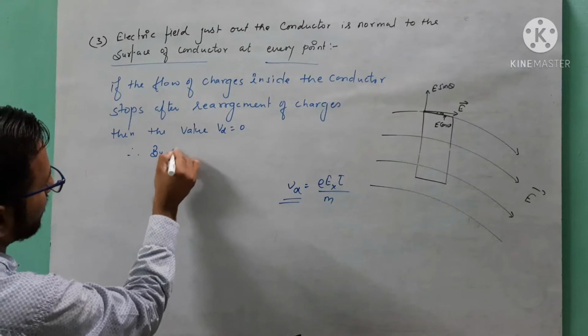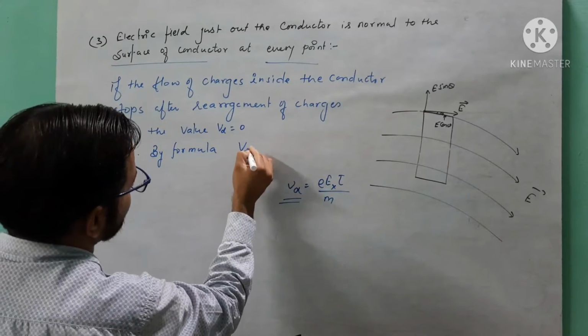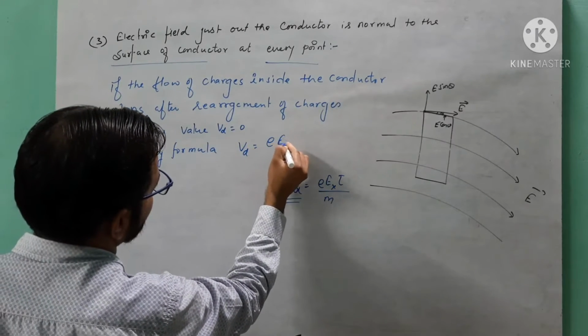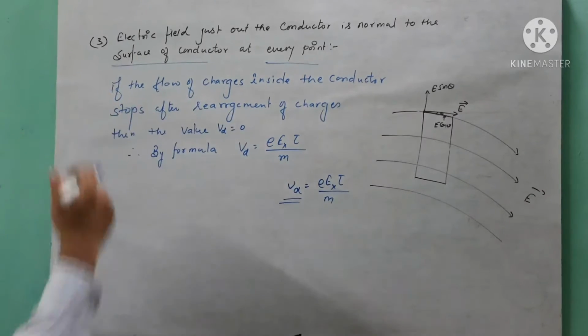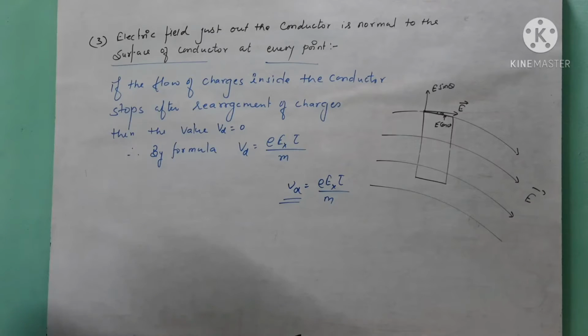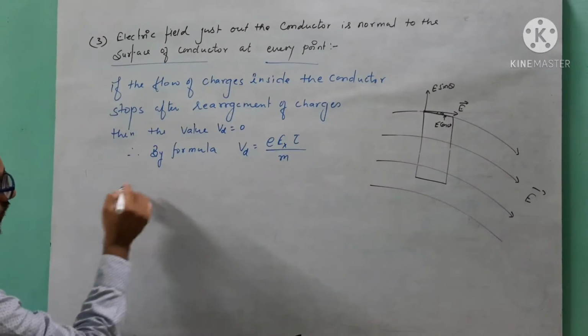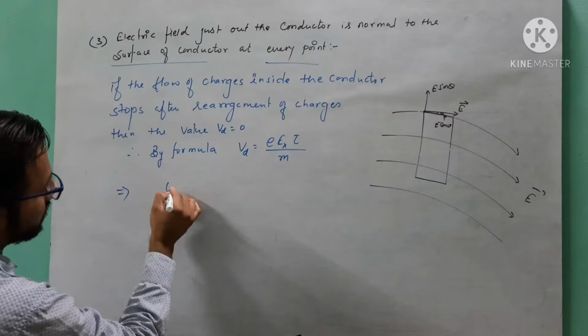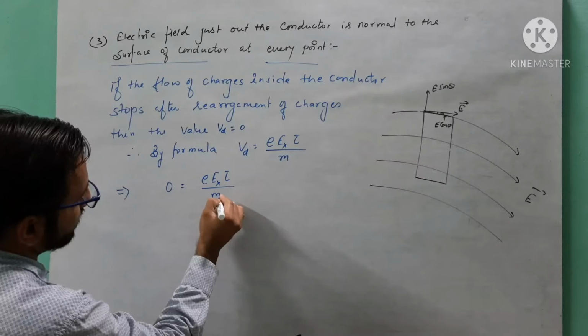Therefore, by the formula in front of you, Vd = Eₓτ/m, it is the drift velocity of the electron, and the charge is the electron here. So this gives us Vd = 0, Eₓτ/m = 0.